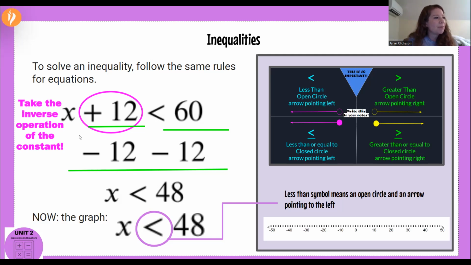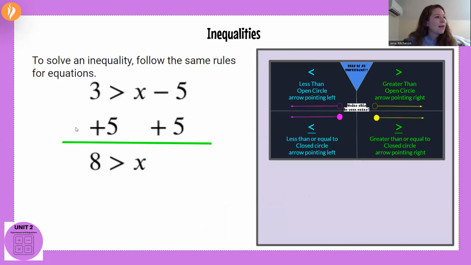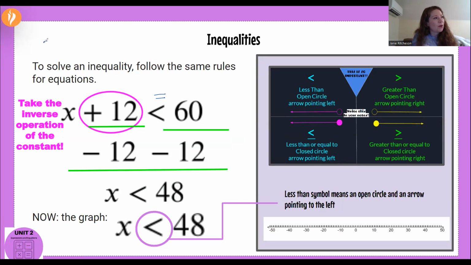So here's our first example, x plus 12 is less than 60. So just like if this were an equal sign, we have the same goal. The goal is to get the variable by itself. So just as if this were an equal sign, we're going to get rid of plus 12.